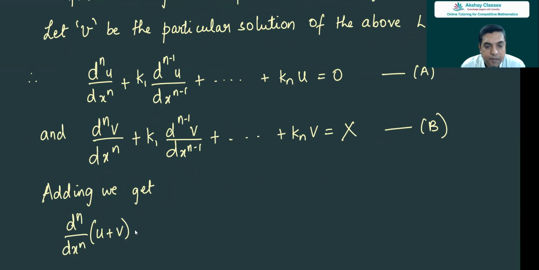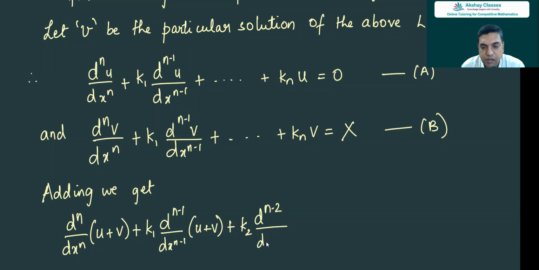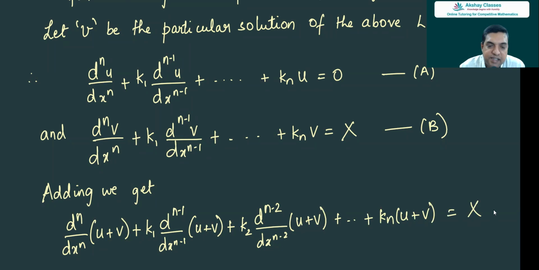So the nth derivative of u plus v plus k1 times the n minus first derivative of u plus v, and so on, is equal to 0 plus x.